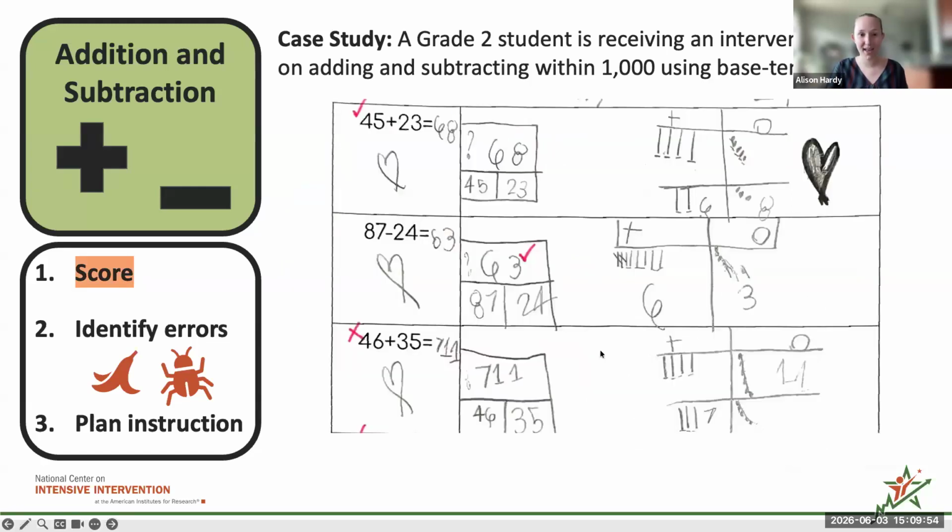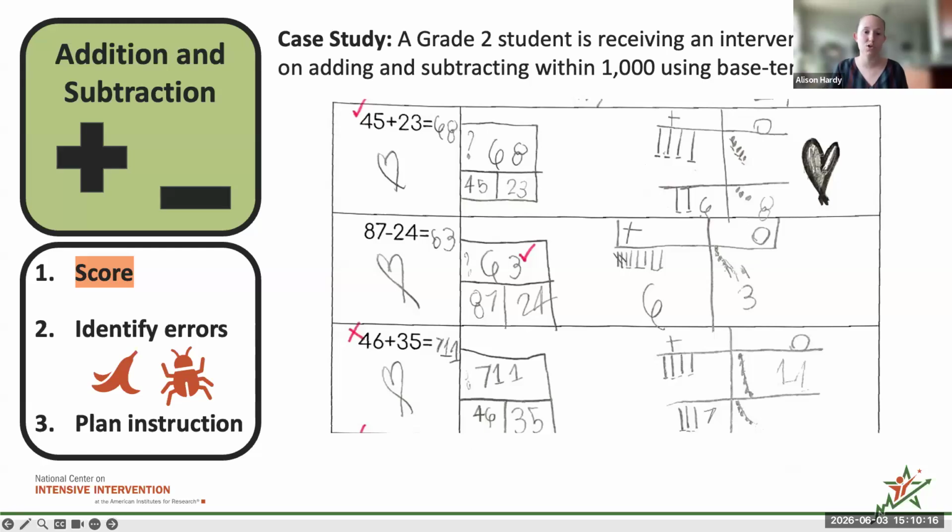So let's go ahead and look through what scoring these work samples would look like. So when we're scoring addition and subtraction for correct digits, it can be helpful to move from the right to the left so that we can track the students' regrouping procedures.